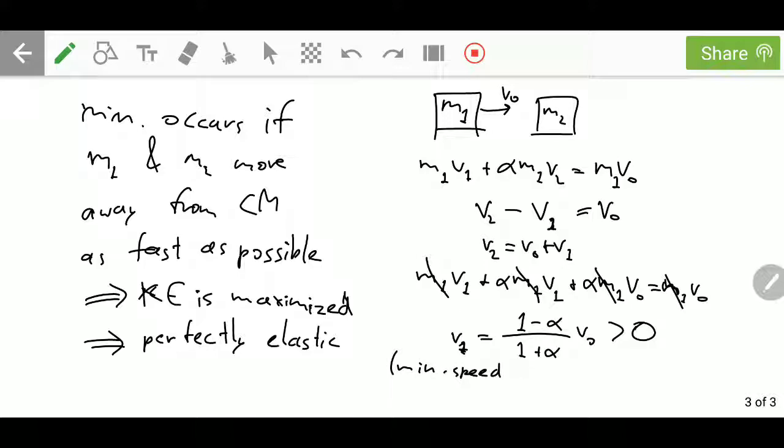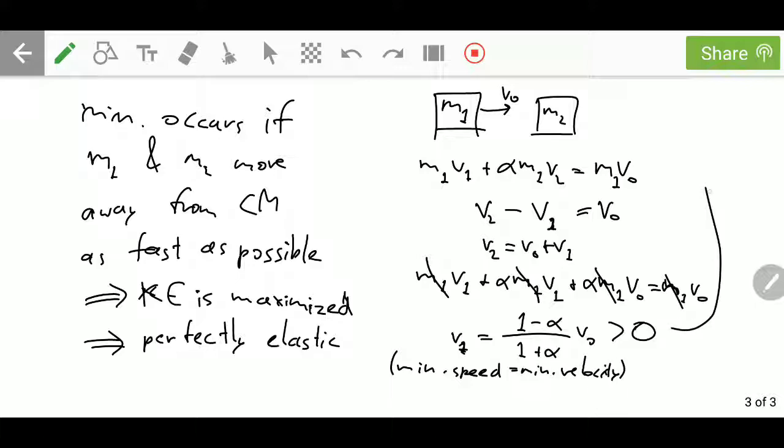Because otherwise, if alpha were greater than or equal to 1, the minimum speed would of course just be 0, because you could find some possibility where the speed would be 0, either a perfectly elastic collision if alpha was equal to 1, or if alpha were greater than 1, a partially inelastic collision where v1 would become 0. So minimum speed is minimum velocity.